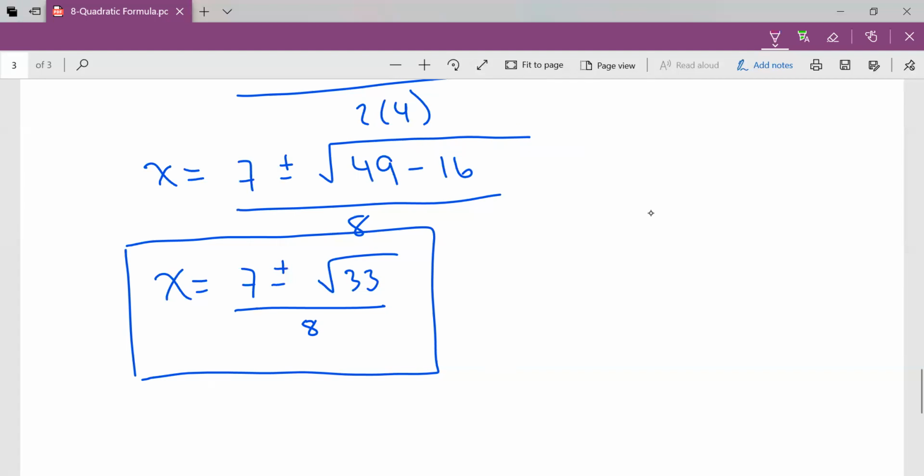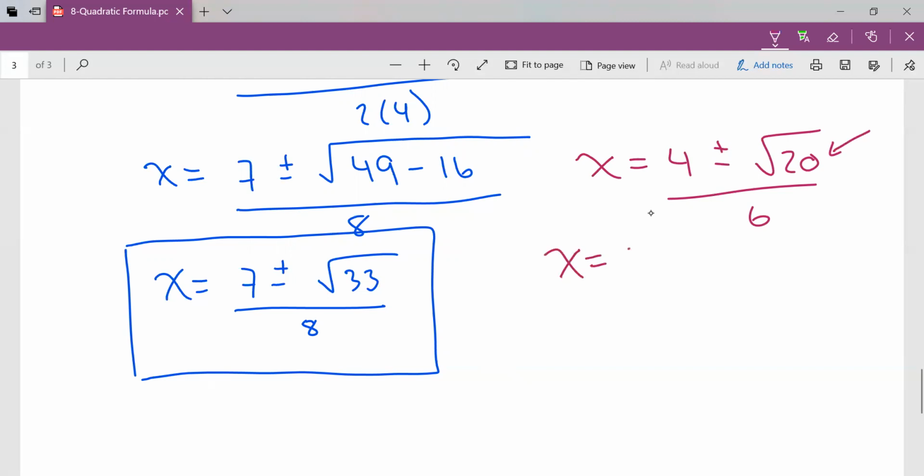Now, what might happen from time to time is this. So I'm just going to go sideways here. I'm just going to make something up. So say we had, oh, I don't know, 4 plus or minus the square root of 20 over 6. So let's just say we had that from someplace. Okay, what we're going to have to do in this case is we're going to simplify the root 20. So I'm going to go all the way back to 10c. I'm going to say, what's a perfect square that's a factor of 20? 4 is.